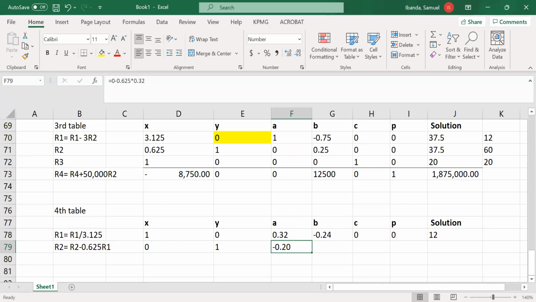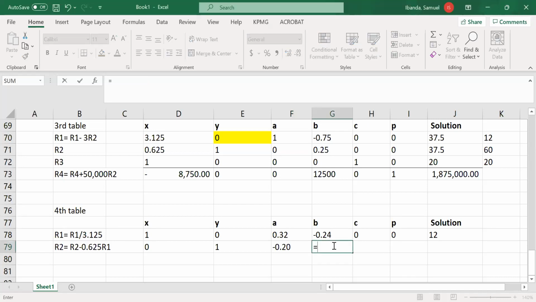I don't know if you can see what I'm trying to basically do here. So 0.2, then I come here. My R2 existing is 0.25. So 0.25 minus 0.625 times R1, which is negative 0.24. It will give me 0.4.